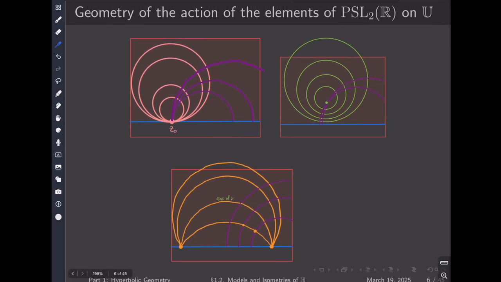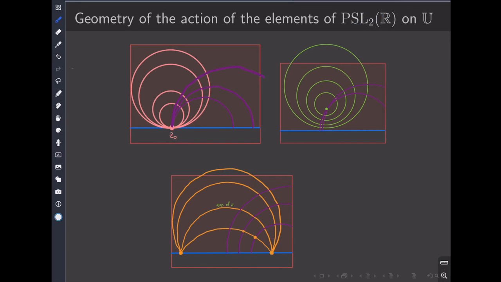And now, when they do preserve U, which we saw are precisely when they come from matrices in SL2R, we take the same map as before, associating to each matrix in SL2R its Mobius transformation.